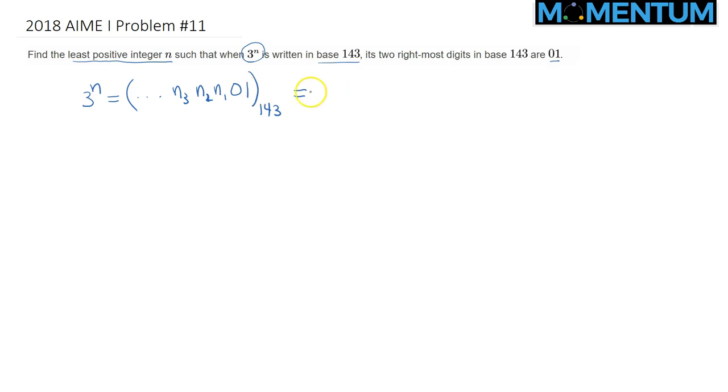So therefore this is equal to 1 times 1 plus 0 times 143 plus n1 times 143 squared plus n2 times 143 cubed, and so on. Well, it is clear that this is 1, this is 0, it vanishes, so 1 plus.